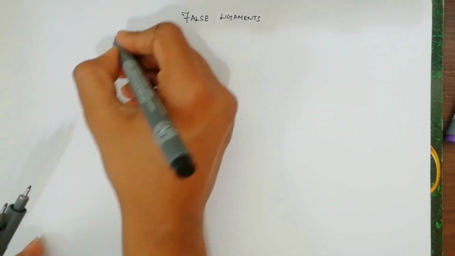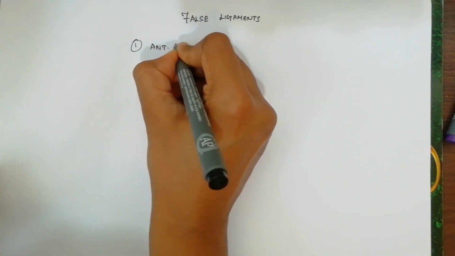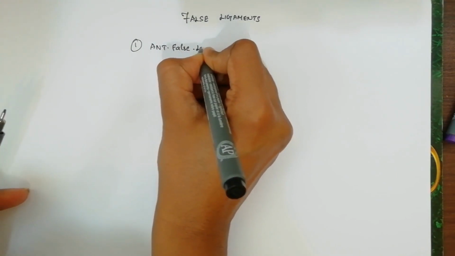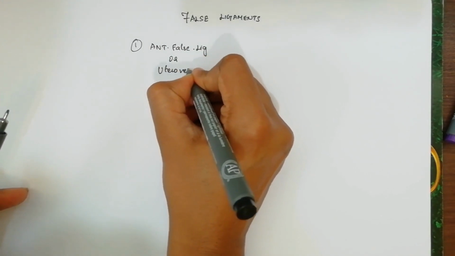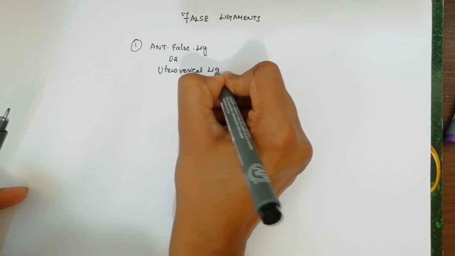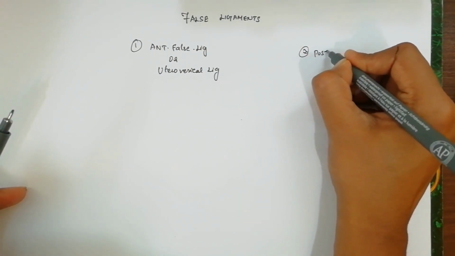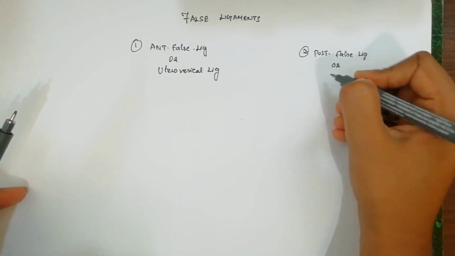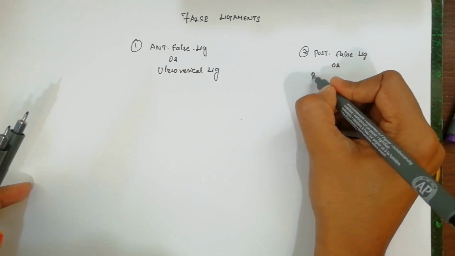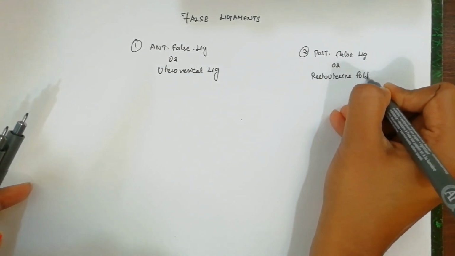So first we are going to see the anterior false ligament, or utero-vesical ligament. Same way, second, both are unpaired what we are dealing with now, the posterior false ligament, or recto-uterine fold.